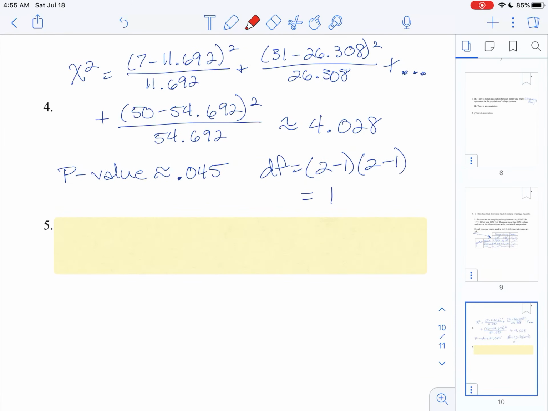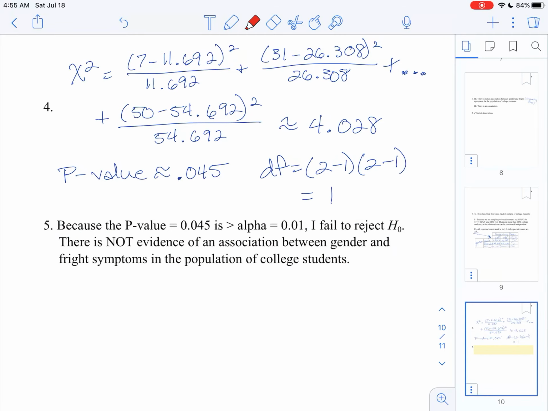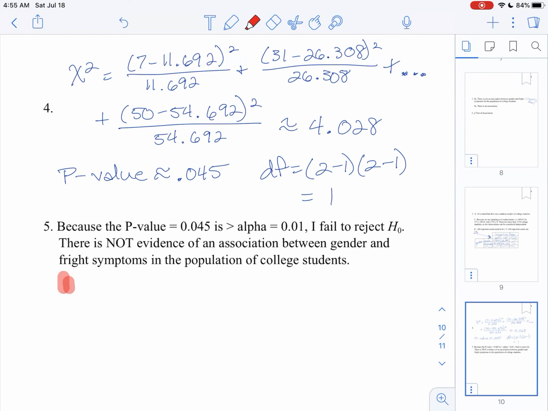So because the p-value, 0.045, is greater than alpha, which equals 0.01, I failed to reject the null hypothesis. There is not evidence of an association between gender and fright symptoms or lingering fear in the population of college students.